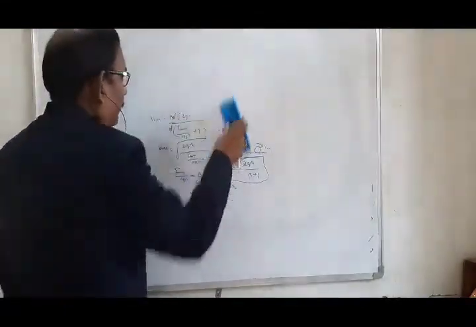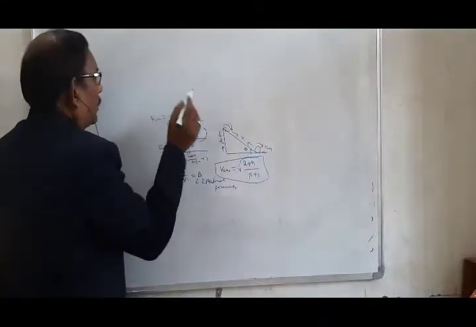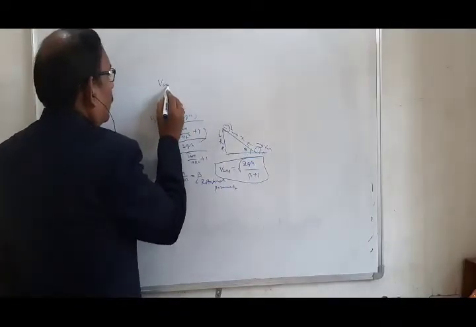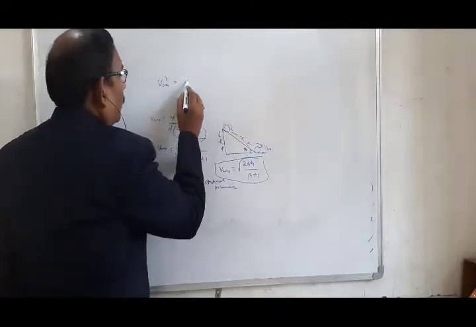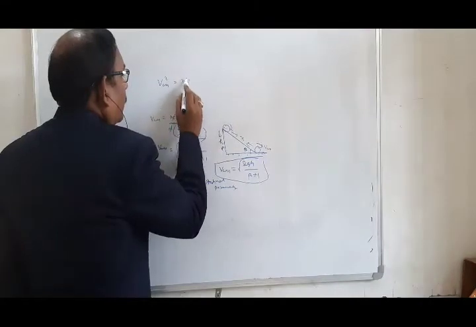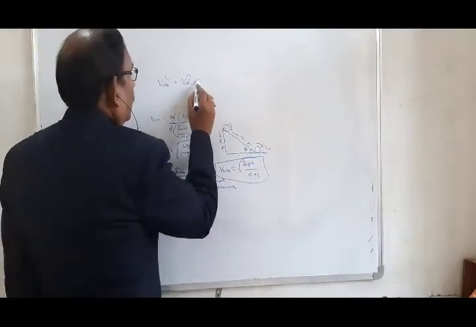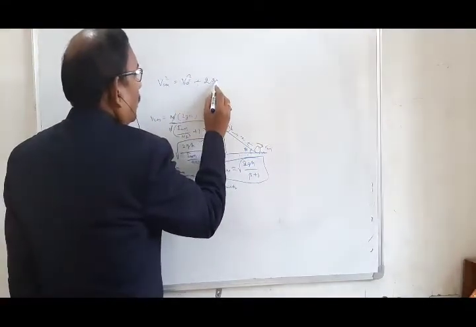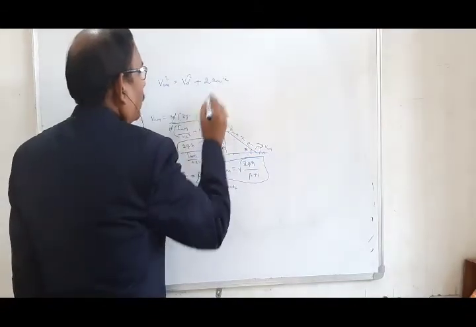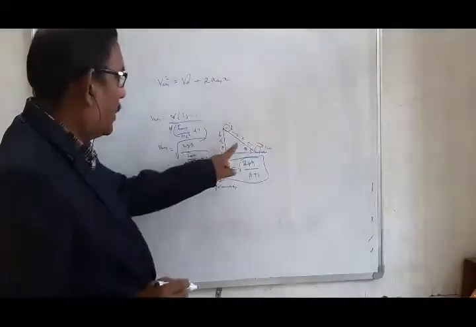Acceleration of the rigid body. Using the equation v square equals initial velocity square plus 2 A_CM x. Okay, because the covered distance is x here.